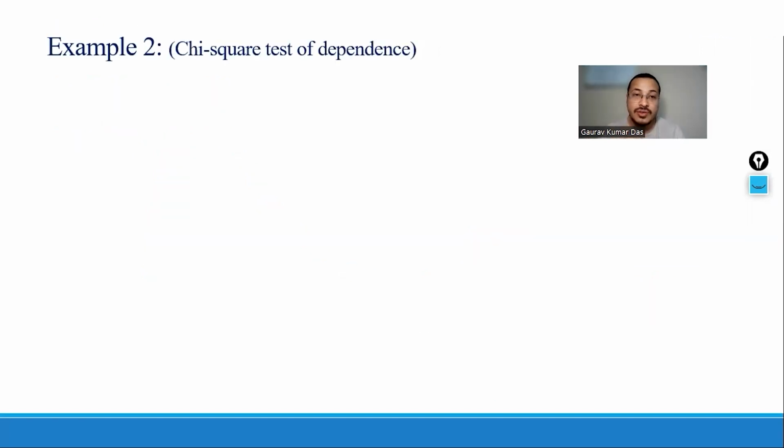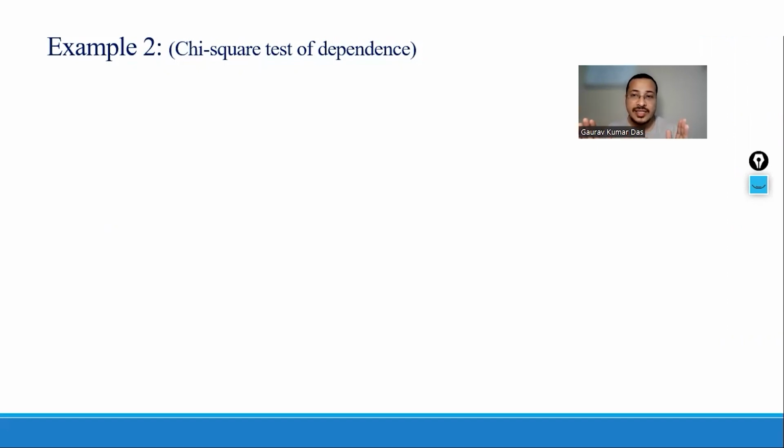So the chi-square test can be used for finding out the dependence between two attributes as well. In the previous example, we saw a typical application of the chi-square test of variance. Now we'll also try to see how you can use the chi-square test to determine the dependence between two attributes. And this test is called the chi-square test of dependence. The whole process of calculating the chi-square critical and comparing with the chi-square statistic will remain the same.